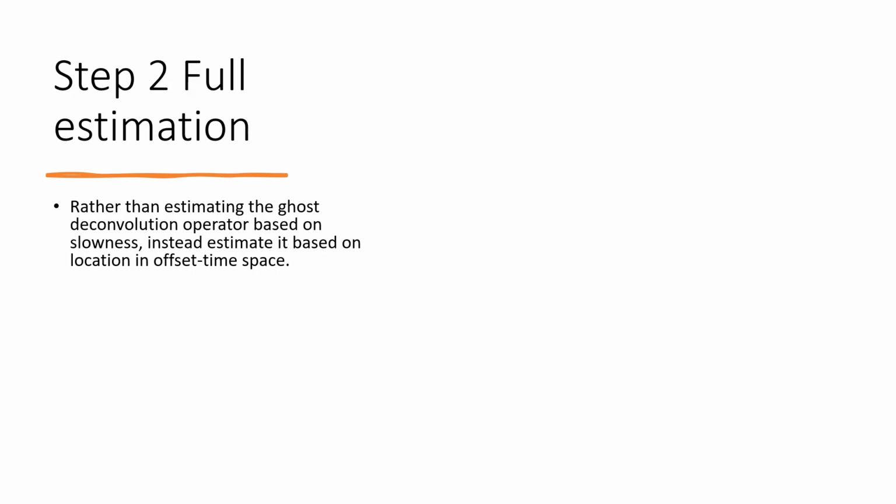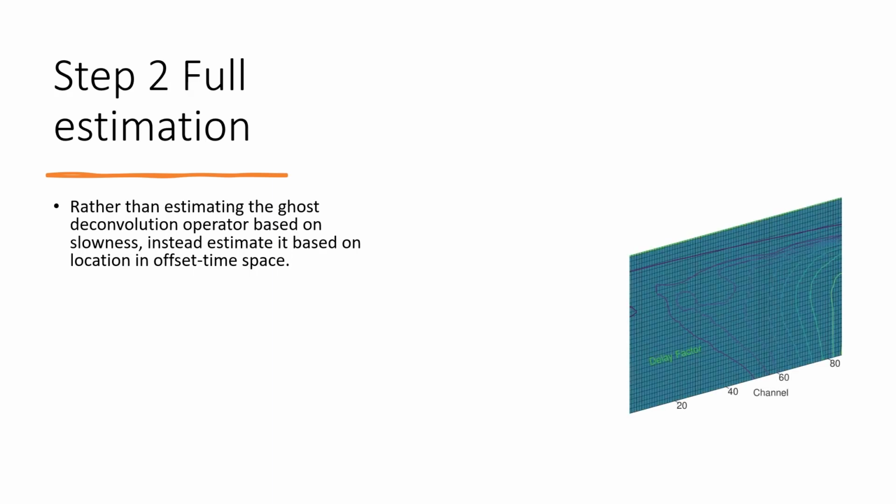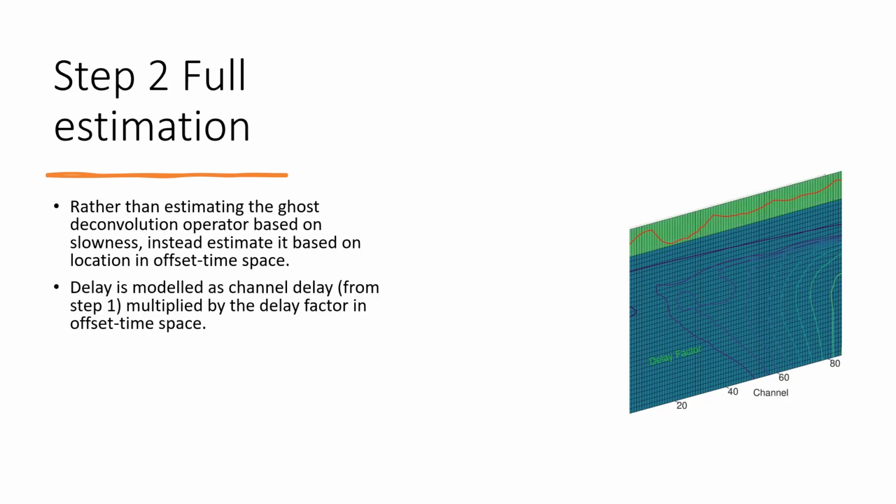So the full estimation, at the moment we've got the delay times and the wavelet estimate for the uppermost part of the traces in each shot gather, but we need the parameters for the entire trace, not just the very top part. And so we introduced this delay factor, which is multiplied by our channel delay, the delay we got from the previous calculations.